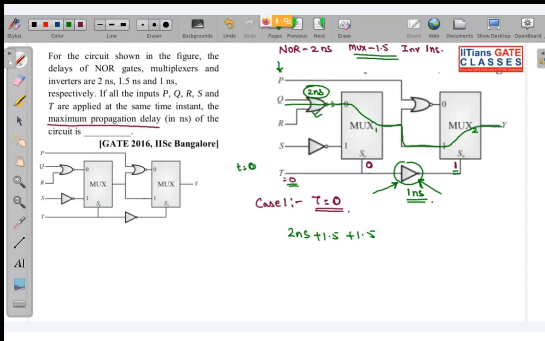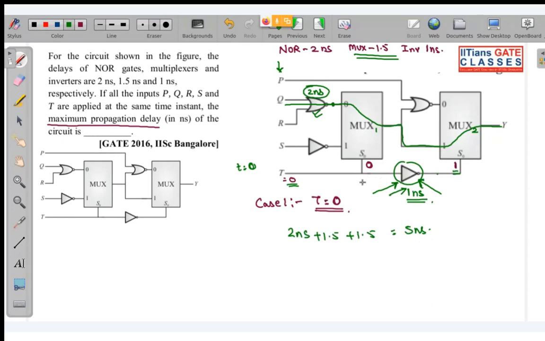So the output has already stabilized, and we are not going to consider this 1 nanosecond in this calculation. So this will be 2 plus 3, that is 5 nanoseconds when t is equal to 0.